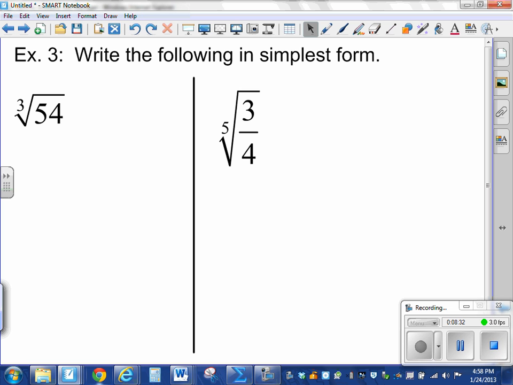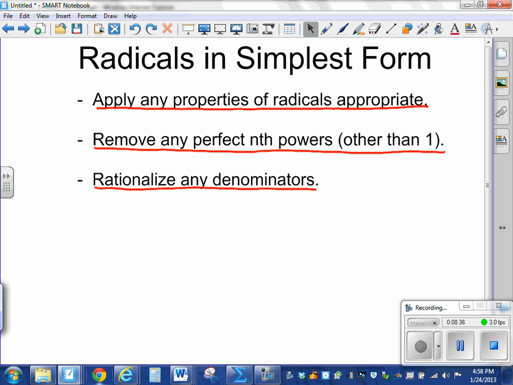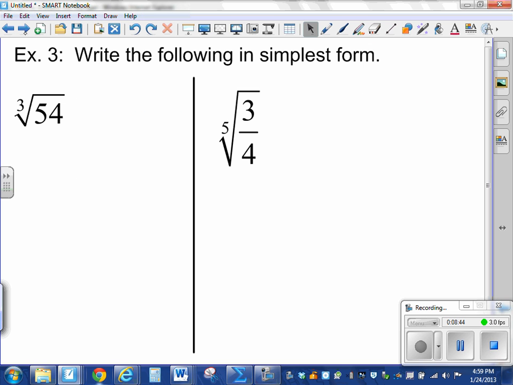Okay, so first part of our checklist was apply any properties of radicals appropriate. So this first one right here, there's no real properties of radicals that we need to do because there's only one base of 54. There's only one radical of root 3.